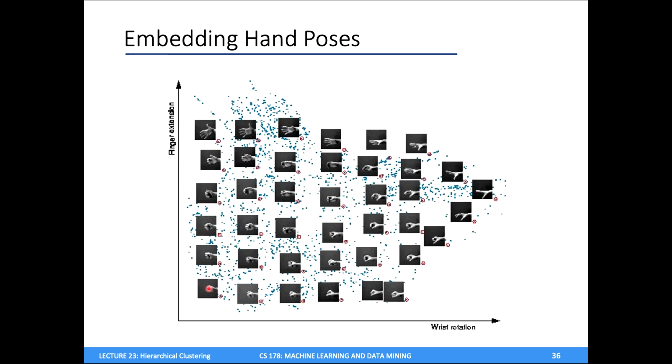So for instance, all of my closed fists are down here in this portion, but all of my open hands are up here, and all of my palm-facing images are on the left-hand side, and all of my palm-down images are on the right-hand side. So in some sense, we take our really high-dimensional problem and extract the meaningful structure out of it into a really nice, simple representation. This idea of embedding is really everywhere in machine learning today.